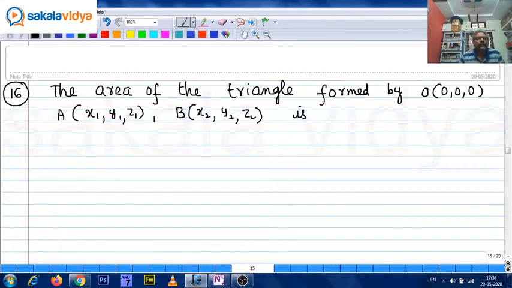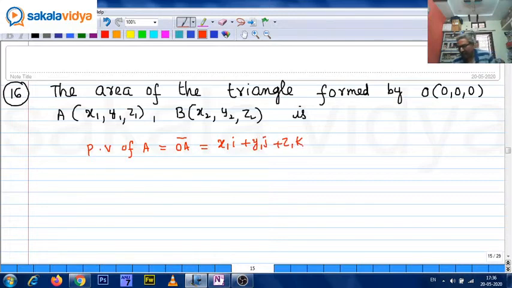First, this can be done with the help of vectors. For example, the position vector of A, PV of A, is equal to OA. We can write x1 i plus y1 j plus z1 k.